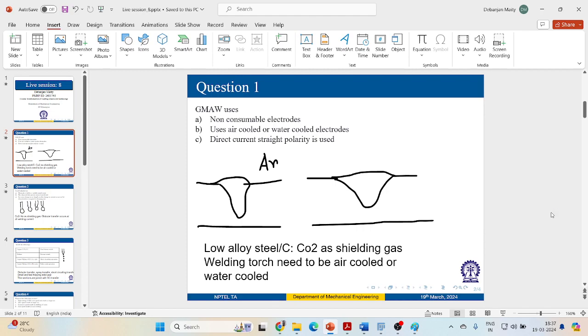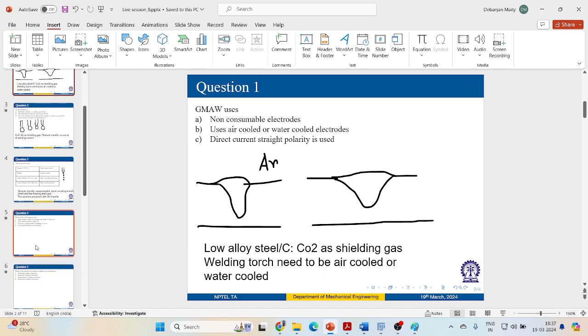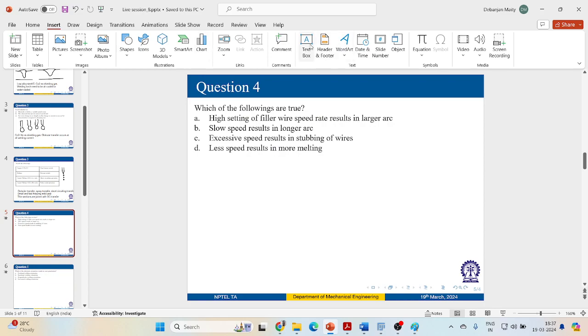Now, in terms of the different kinds of arc we generate between the electrode and workpiece, you can form two different kinds of arcs, right?